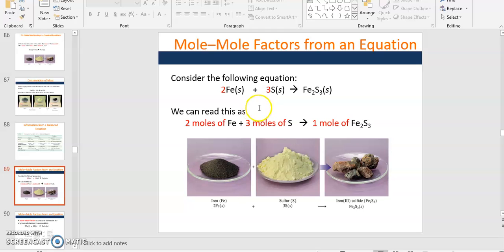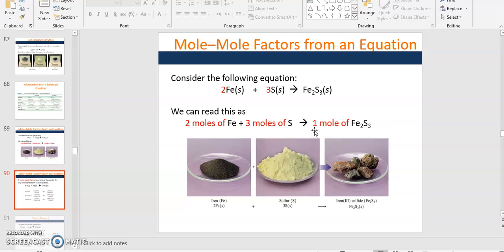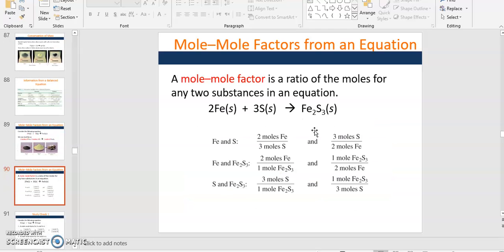So we can say also that 2 moles of Fe is reacting with 3 moles of sulfur to make 1 mole of Fe2S3. And from there, we can have a relationship between either the Fe and the sulfur, or the Fe and the product, or the S and the product.